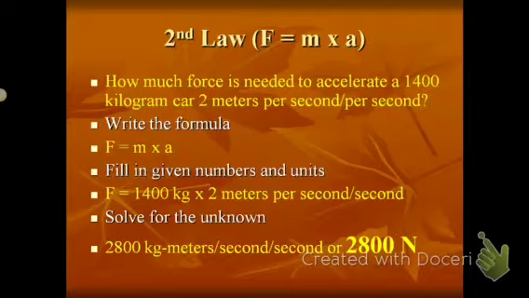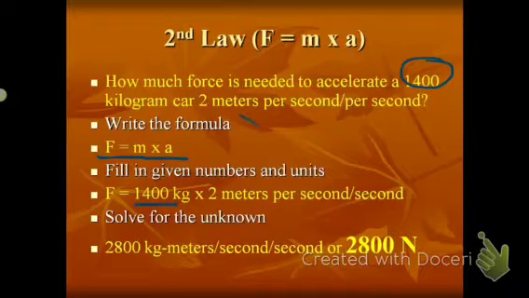Okay, so here's the law in action. How much force is needed to accelerate a 1,400 kilogram car 2 meters per second per second? Our mass is in kilograms, and our acceleration is in meters per second per second. So the first thing we're going to do is write the formula. Here it is, force equals mass times acceleration. Then we're going to fill in the numbers. The mass is 1,400.